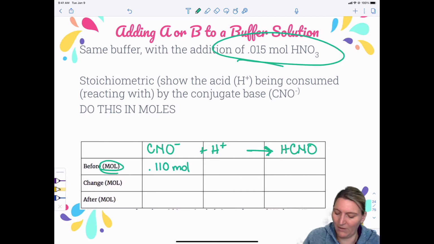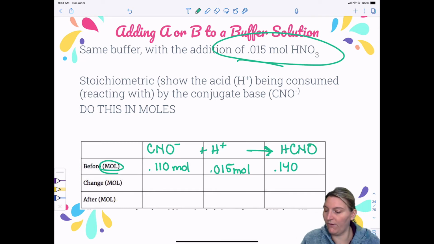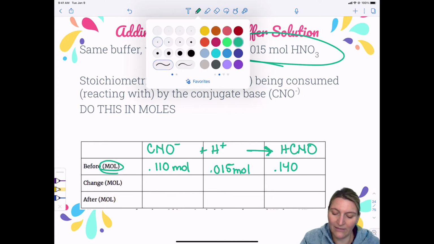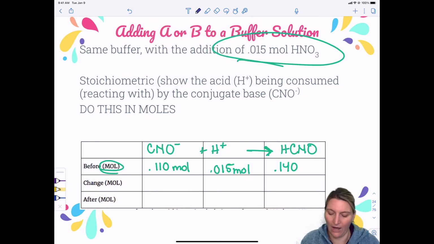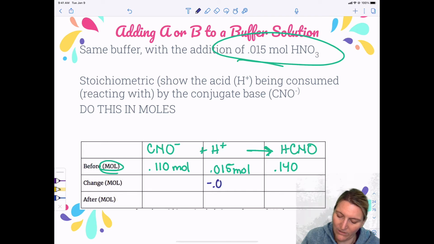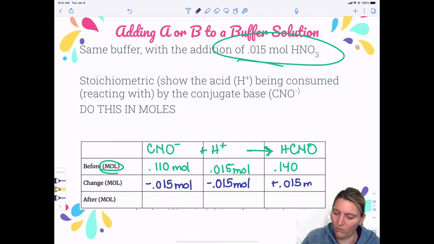Then the question tells me I add 0.015 moles of that strong acid, and I would start out with 0.140 moles of my weak acid. And the strong acid gets completely used up. So this goes down by 0.015 moles, and the other reactant will also go down by 0.015 moles, and the product will go up by 0.015 moles.